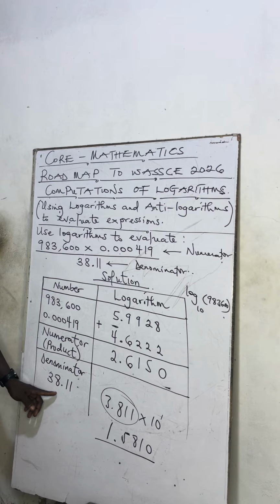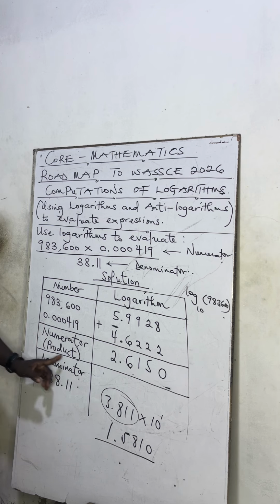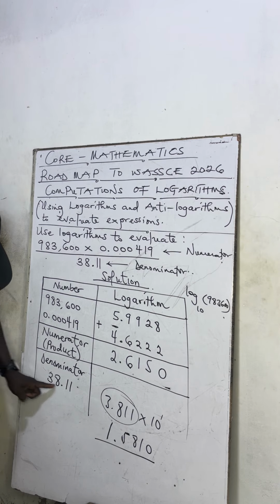That's the reason behind us punching the whole of 38.11 on the calculator, or taking log of the whole number.